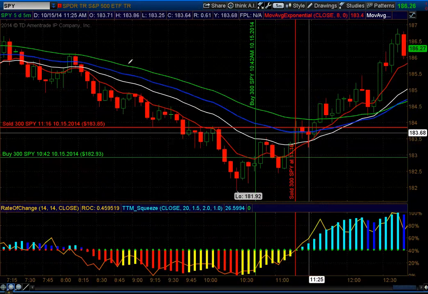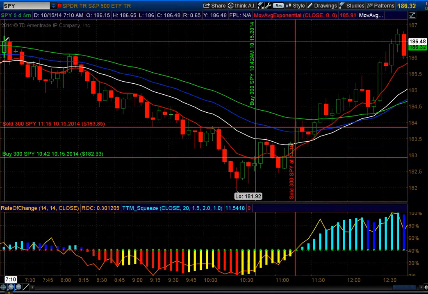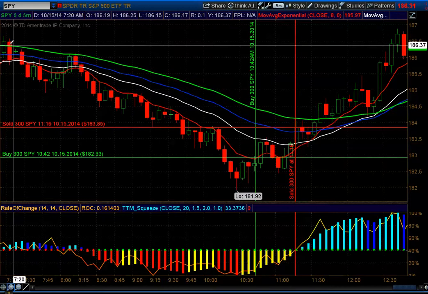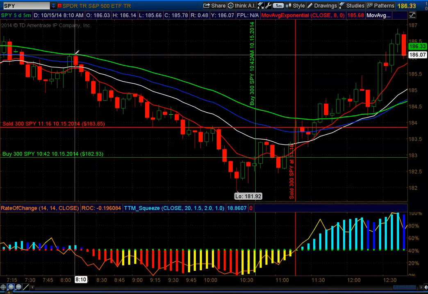And you see very clearly here, it came up, it did close, but it immediately went back below the moving averages. Here, the moving averages, especially the long moving average, was resistance. Price could not get through those moving averages.